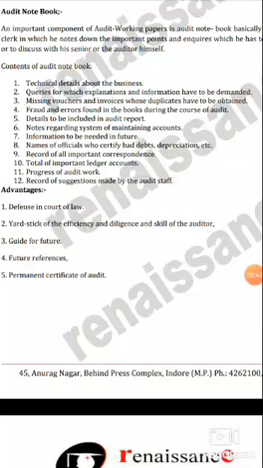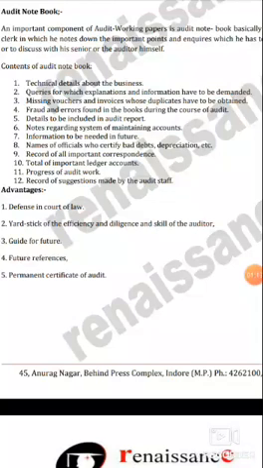And the total of important ledger accounts: he has to list out the important ledgers in that company to verify again and for further reference in the audit process. And progress of audit work: he will record the progress of audit work each day, how much he has completed and how much he has to complete.